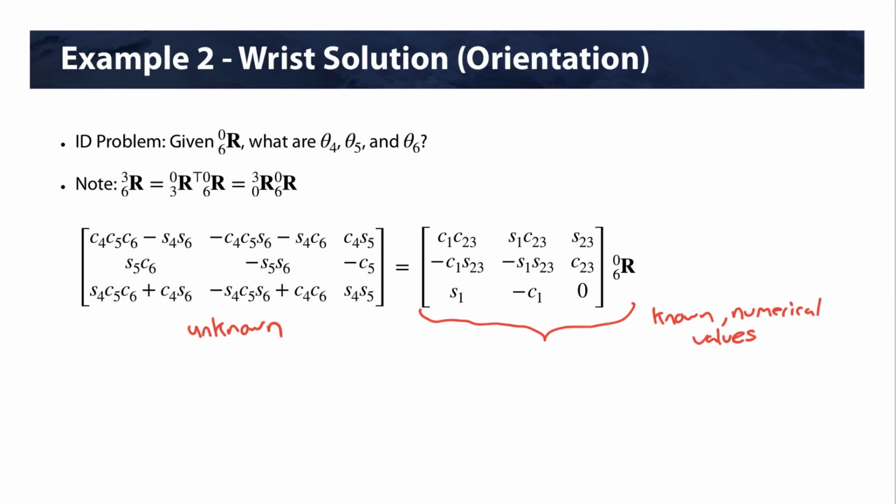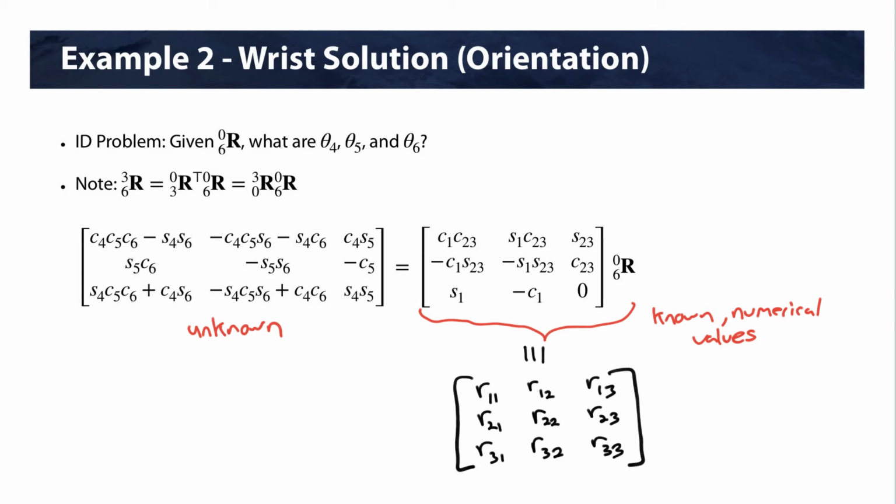Okay, and for simplicity, we'd multiply that out, and we can just write it in terms of R11, R12, R13, R21, R22, R23, and R31, R32, and R33. And again, these are all known. All right, these are numbers that we know.